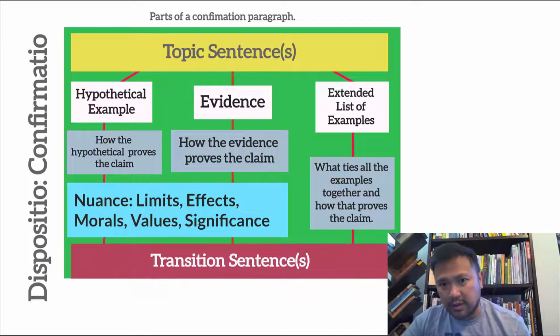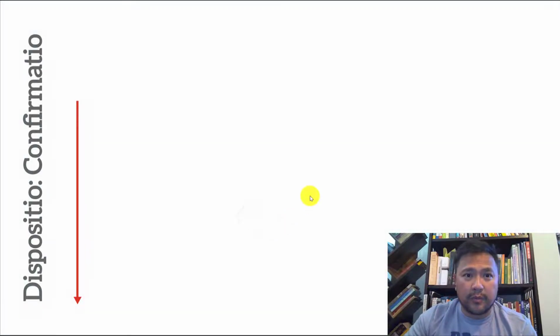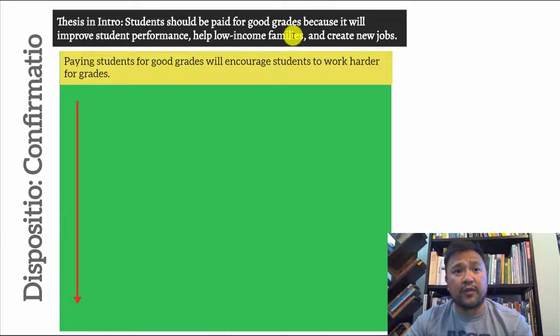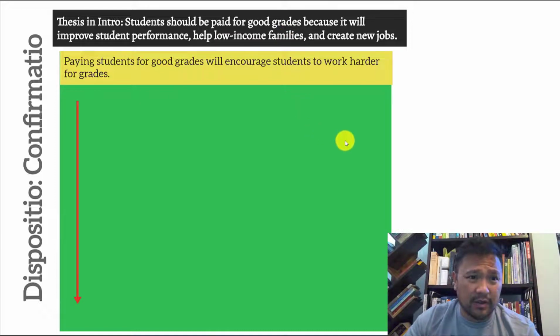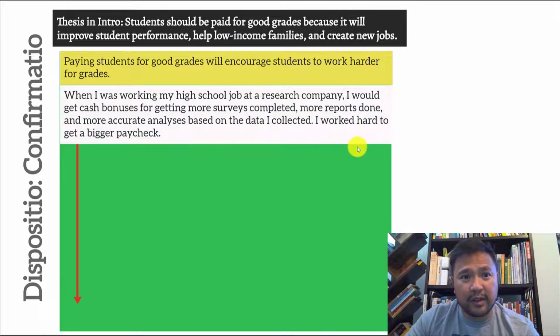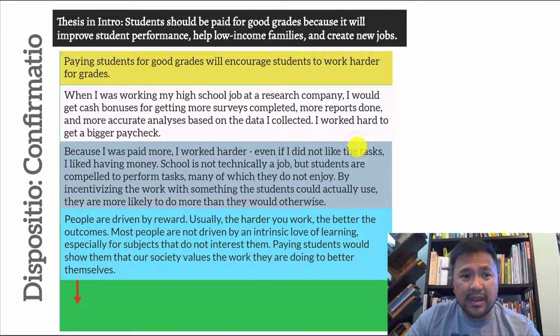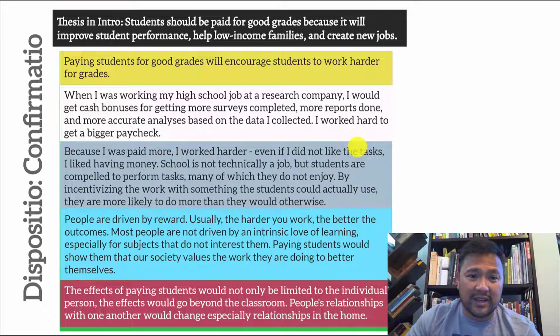So let's take a look at two examples. All right, so think back on the example we did for SCUMI regarding paying students for good grades. I'm not going to read this out loud to you. You can just pause it and read the examples, but here's the thesis that would be at the end of the intro. This would be the topic sentence for this body paragraph, followed by evidence, followed by the explanation of the evidence, giving a little bit of nuance and significance to the evidence and argument, followed by a transition sentence.